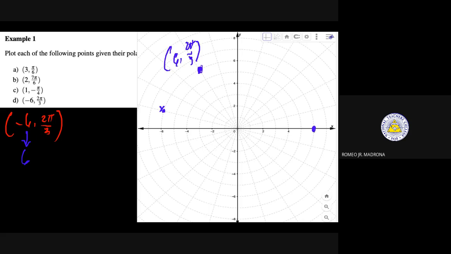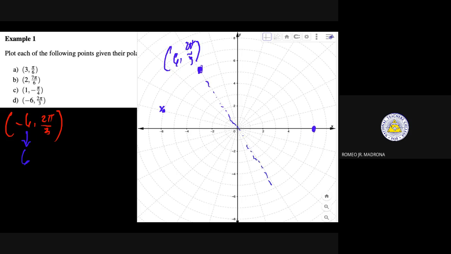But the question is, the given is negative. So, ang gagawin natin, hanapin lang natin yung, my God, nakakaduling. 1, 2, so 1, saan ba yun? 1, dito pala ako mag-start dapat. Ayan, dito. So, dito ko siya hanapin. So, exactly opposite nitong axis na to, baka mamaya iba na naman ang angle.